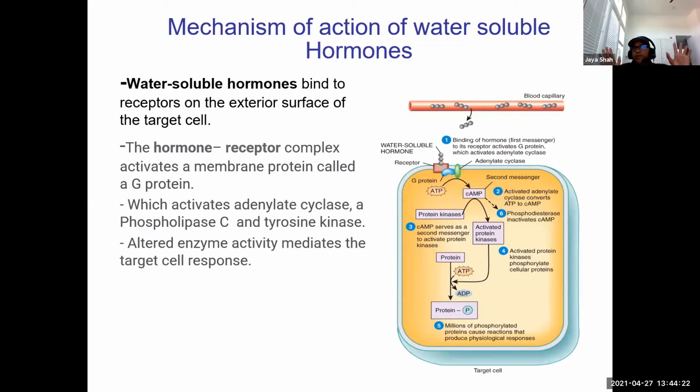Okay, so up to now we have talked about how lipid-soluble, lipophilic hormones act and produce their effect. So lipophilic hormones get inside your cell, bind with the DNA, change the DNA genetic code function, and produce messenger RNA, different protein production, and change the function of the cell.